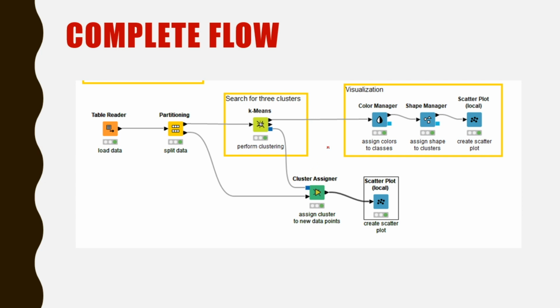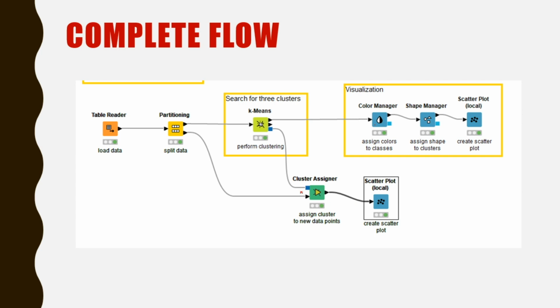For visualization, we will include a color manager to identify the clusters by different colors, and a shape manager to identify the three clusters by different shapes, and finally visualize using a scatter plot.